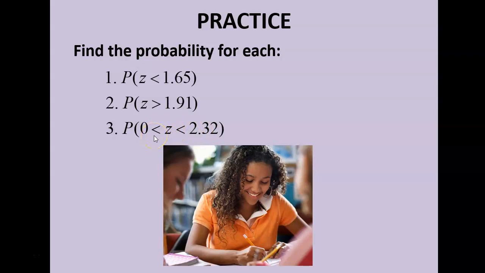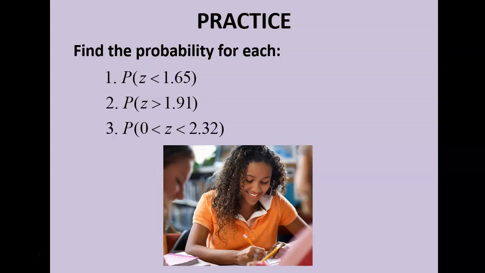It's coming between those two numbers. So hopefully you remember the rules we just discussed about what to do when we're looking at an area between two numbers. So take a moment and work those. If you're doing this on the Edpuzzle, it's going to ask you now.